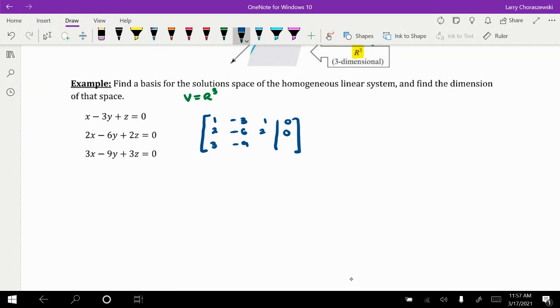And then 3, -9, 3, and 0. And I'll request that you folks go ahead and get this into the graphing calculator and RREF it. And in about a minute or so, I'll ask for somebody to share their RREF version of the matrix, and then we'll continue on from there.